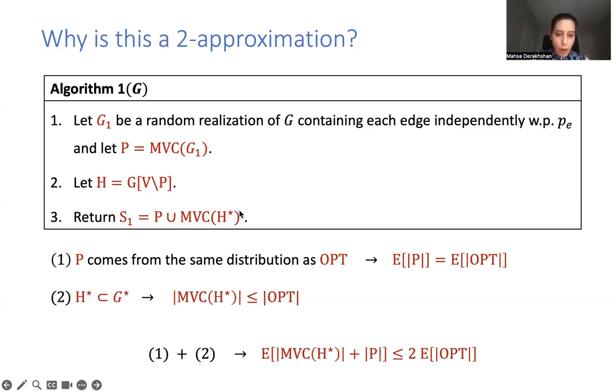Now we have to see how many vertices we add to this in line 3. That clearly is also upper bounded by OPT because you only add a minimum vertex cover of a subset of the realized edges. So putting 1 and 2 together means that this algorithm returns a 2 approximate minimum vertex cover.